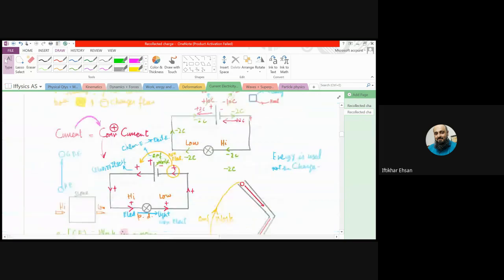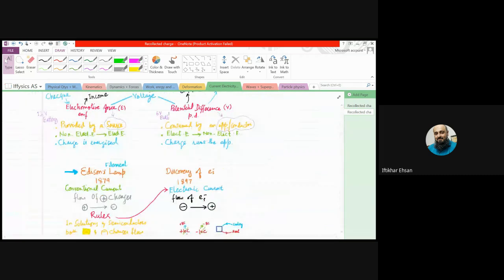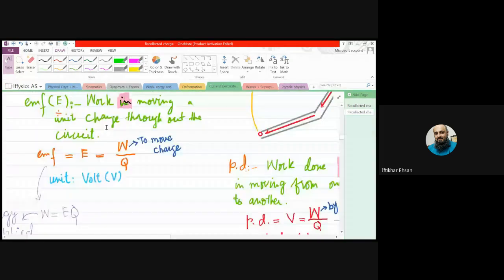So beta, now we are going to define EMF and potential difference in detail. EMF is work done in moving a unit charge throughout the circuit.